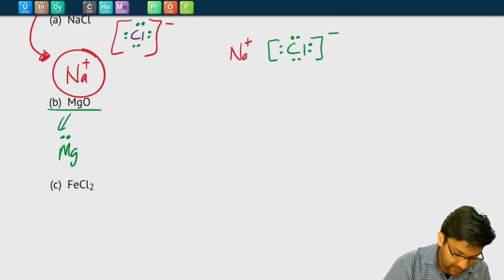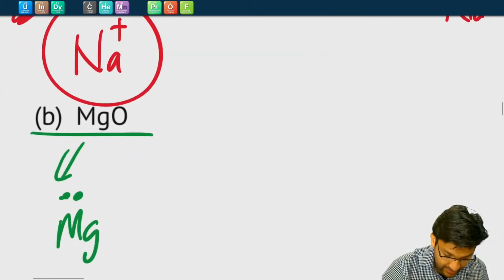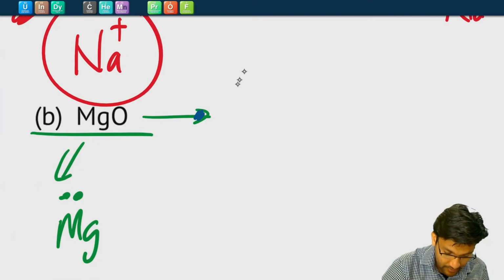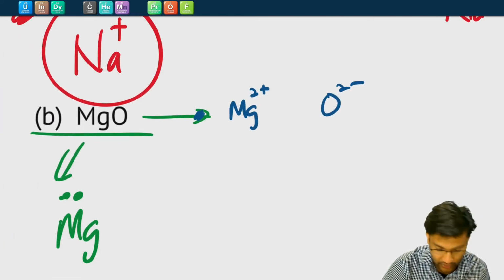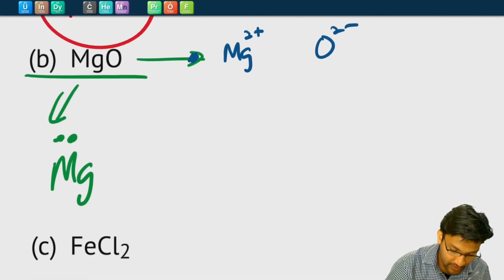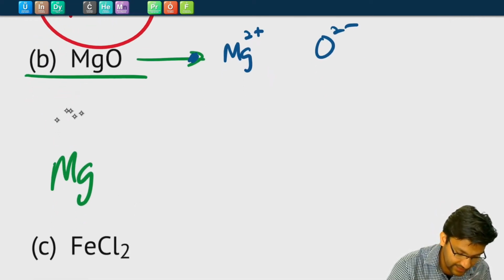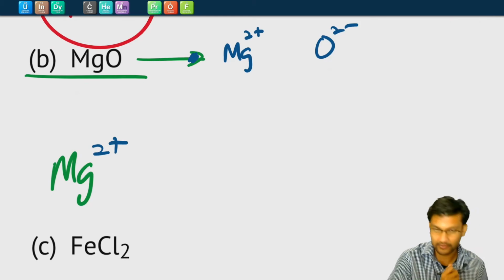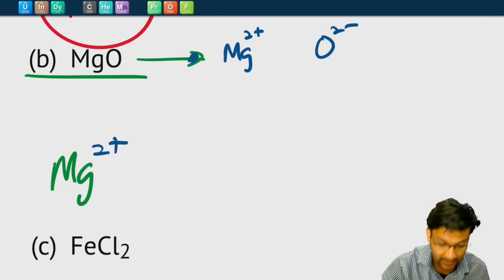But we know that in magnesium oxide, the ions are going to be Mg2+ and the oxide ion O2-. So for Mg2+, we need to remove these 2 electrons, which makes the whole thing 2+. Let's do oxygen.